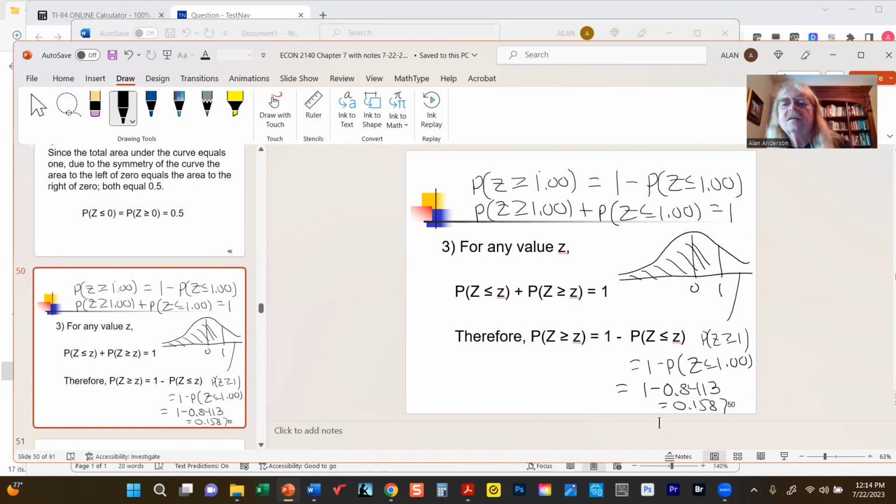All right. That's very important, especially with the tables, because the tables, like I said, only show less than or equal to probabilities. If you have greater than or equal to, this is what you have to do instead.